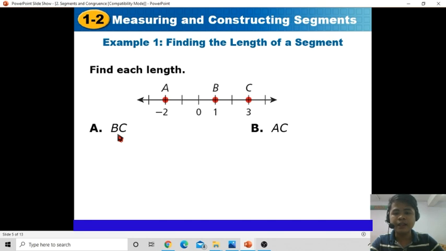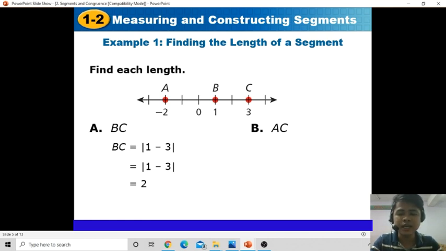Let's find the point B on the number line, then C. To know the length of BC, we just need to subtract 3 from 1 and find the absolute value of the difference. BC is equal to the absolute value of 1 minus 3. 1 minus 3 is equal to negative 2. Then the absolute value of negative 2 is positive 2.